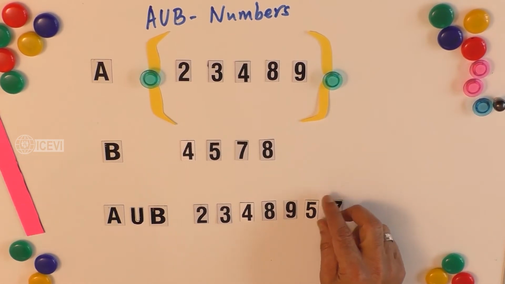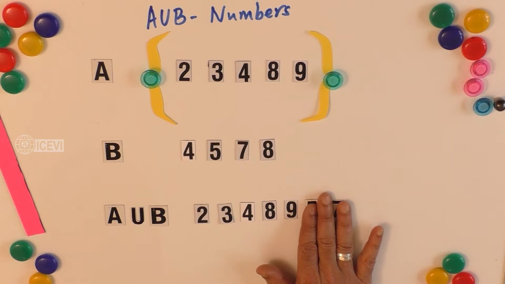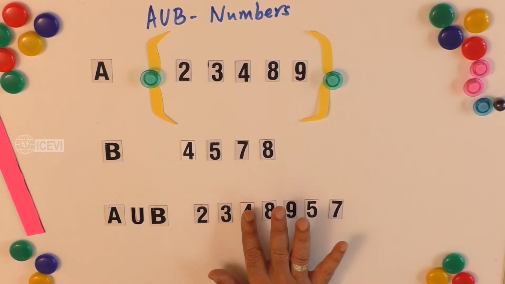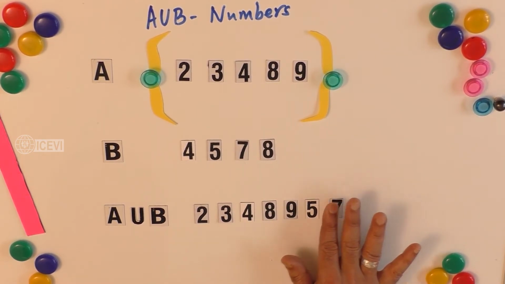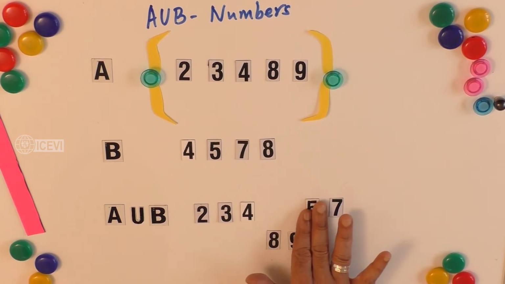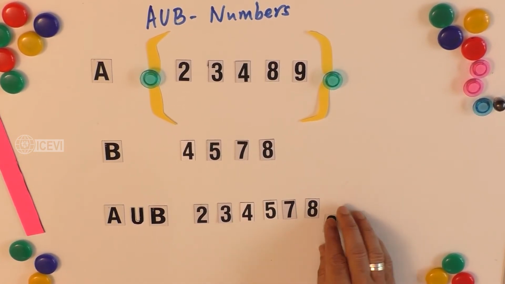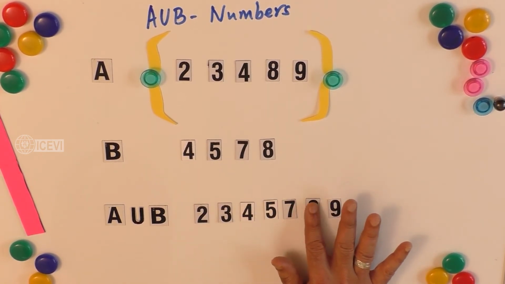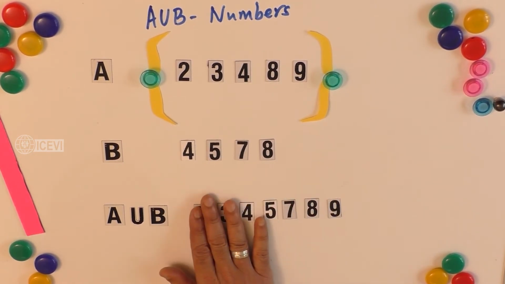So what happens in the A union B? You have 2, 3, 4, 8, 9, 5, 7. If you want to have that in order, then you have 2, 3, 4, 5, 7, 8, 9. Now this is A union B.